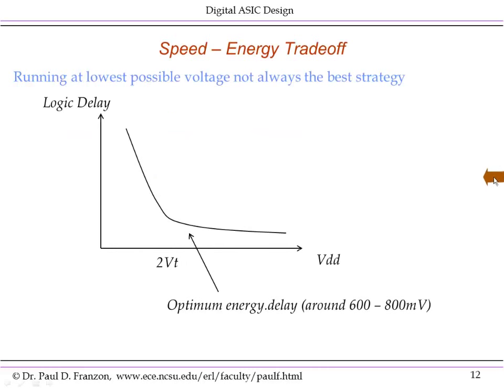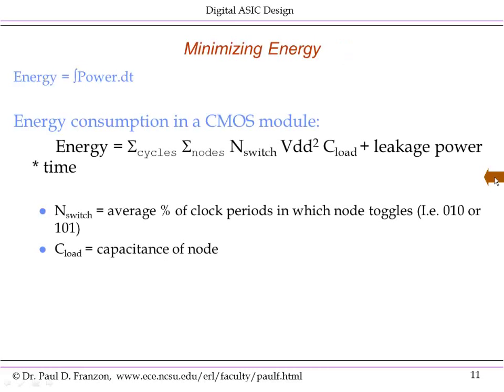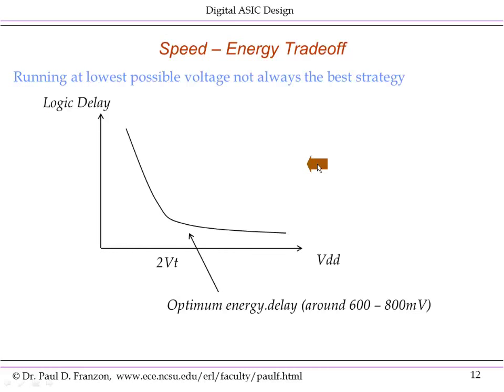Now, in general, there is a speed-energy trade-off that looks something like this. So you look at this equation on the previous page and go, well, there's an obvious strategy here. Wow, V squared. If I drop V, I'm going to have a big impact on energy and power consumption. And that, of course, is true. However, there's a very strong trade-off if you drop V, and that is you're increasing the logic delay.